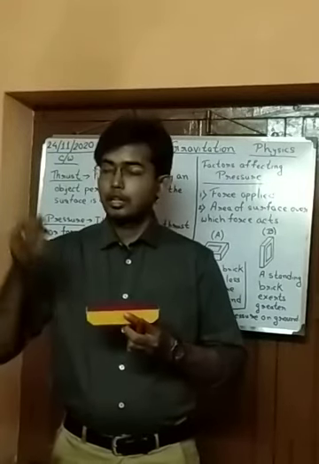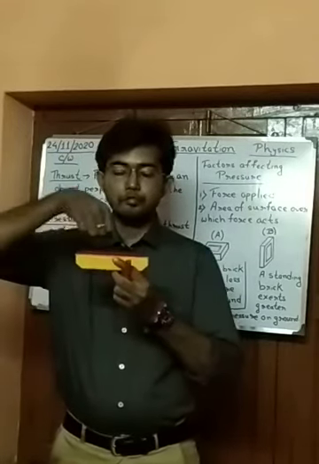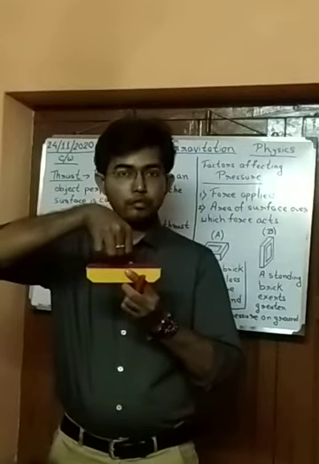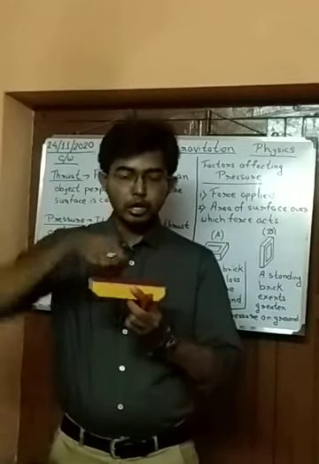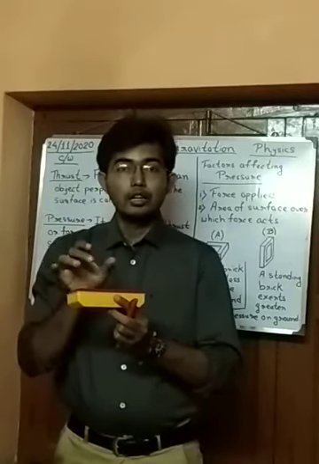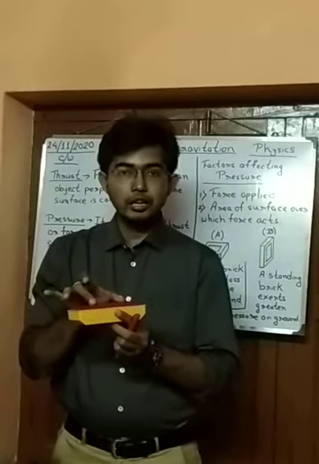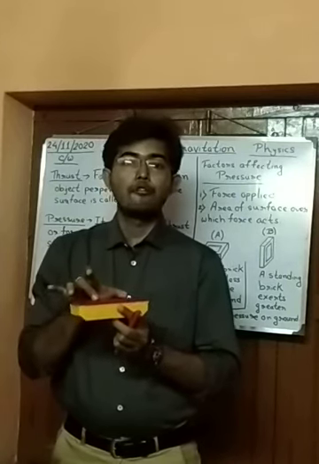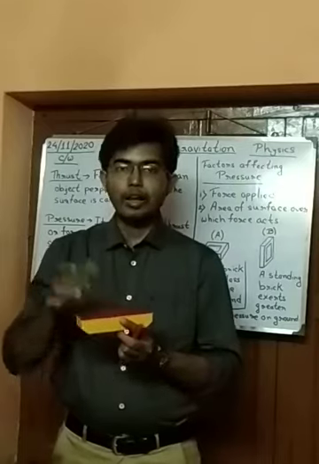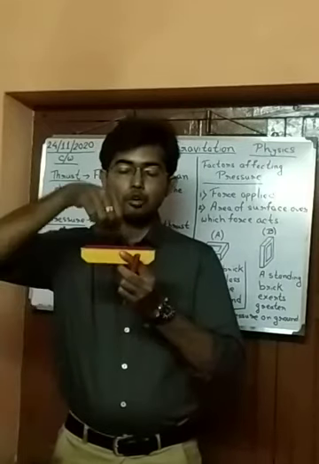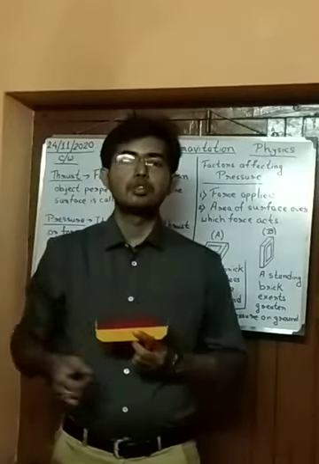Because the force of the thumb is falling on a larger area of the surface, due to which the pressure exerted on the surface is very small. That is why the thumb is not going inside the whiteboard duster.